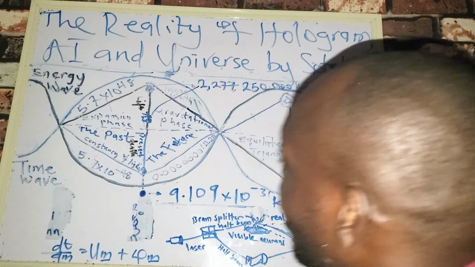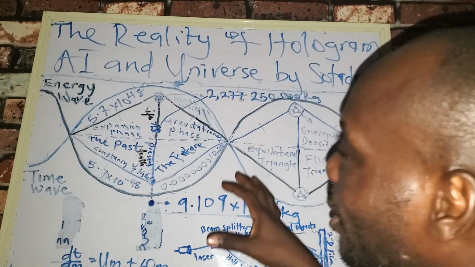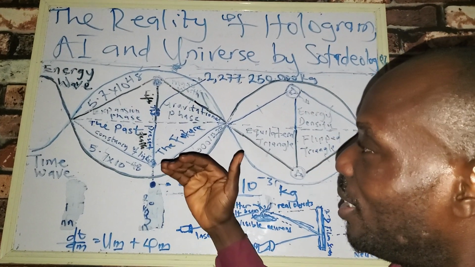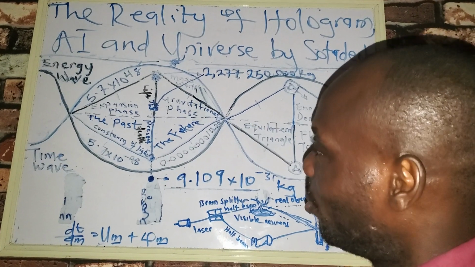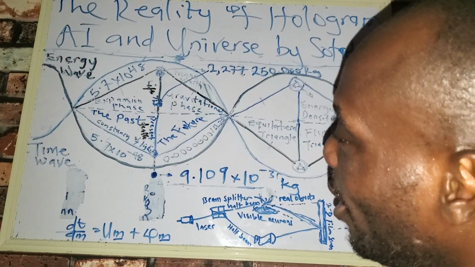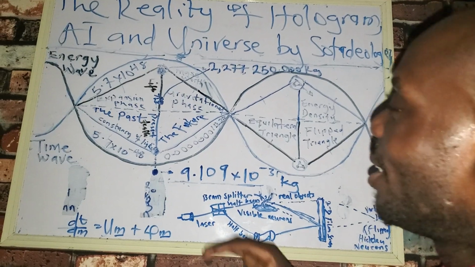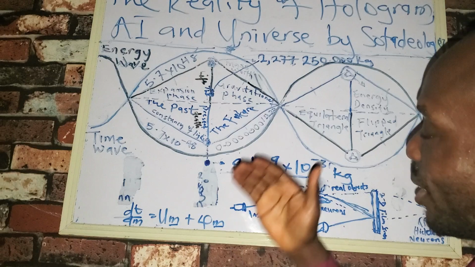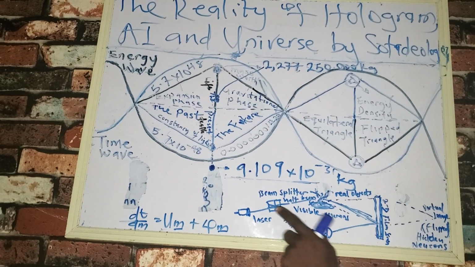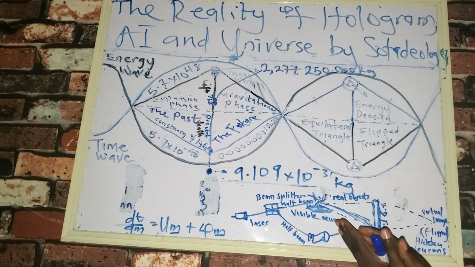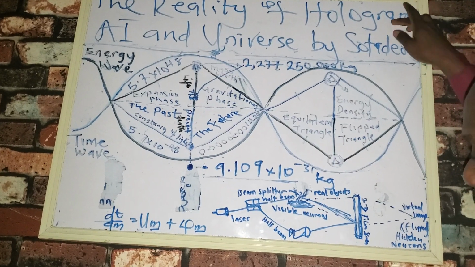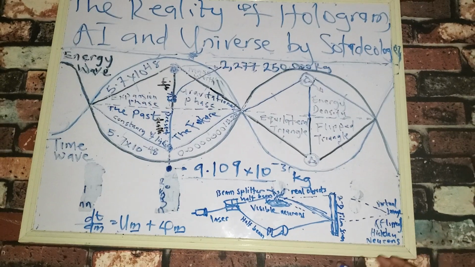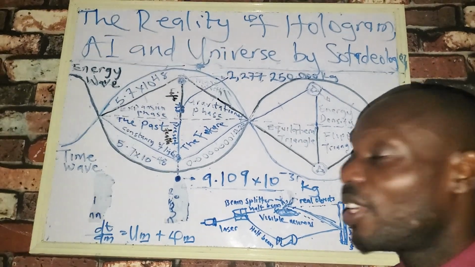So that is the whole system of the AI learning mechanism. And now that we have that, what we need to know is that, from what I've just explained, we can see that the system of the hologram is similar to the learning system of the AI.